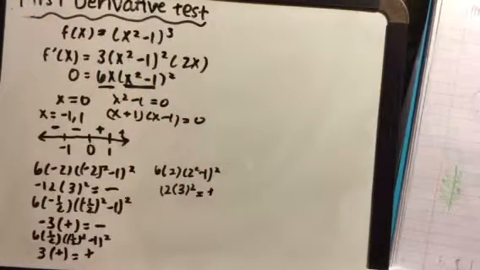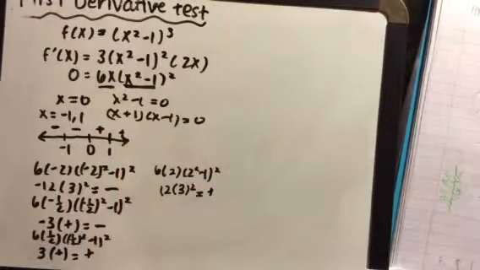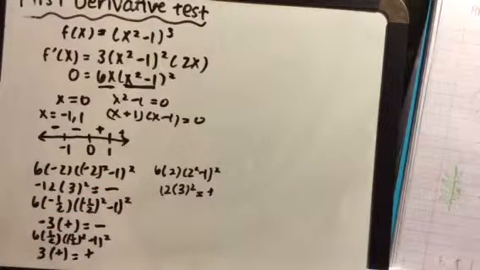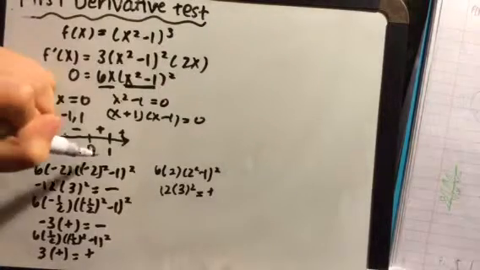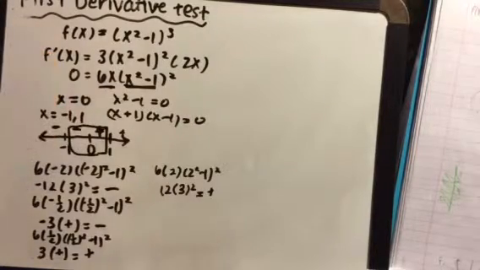In order to do our last step, which is determining if it is a maximum, a minimum, or neither, we have to look at our intervals and the signs. Wherever the sign is changing, that is where we are going to have a max or min. So we can see at 0, oops, I just totally drew over that, there is a sign change from negative to positive.